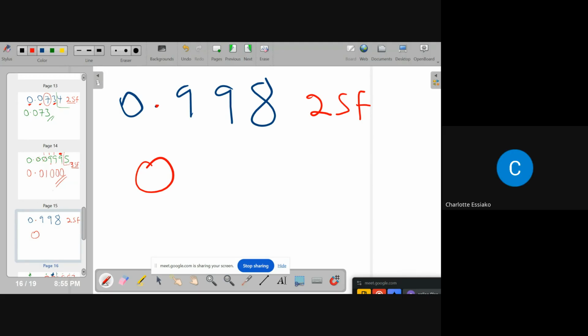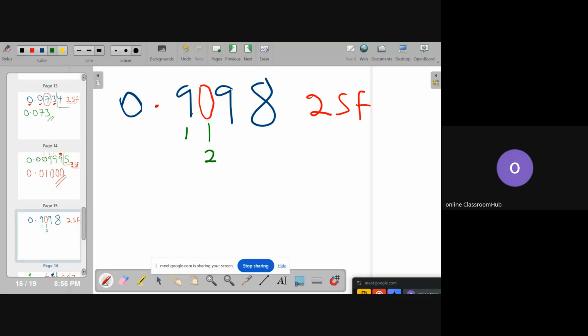The 0 is sometimes insignificant depending on the position. Assuming you have a 0 here, the 0 in red pen is significant, but the one in blue pen is insignificant. So in this case, our first SF is the 9.